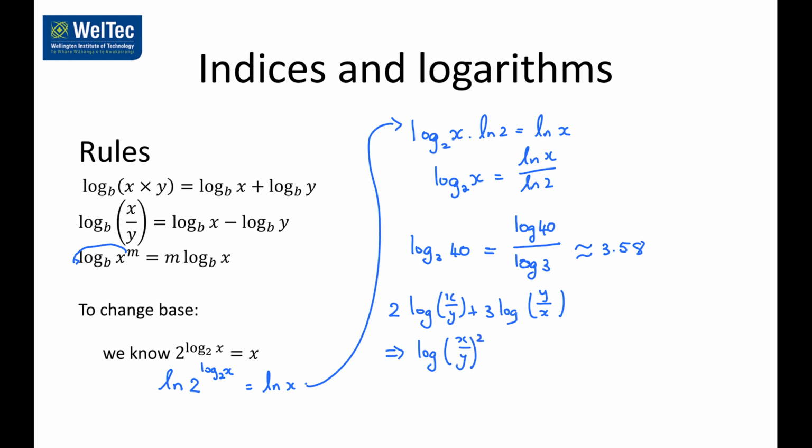Now we can do it all in one go. We've got addition, so that means we're going to be multiplying, and the 3 meant it was a power of 3. Now it's just a little bit of algebra, and we can work out that all we've got left is y over x, like that. So you need to be able to do those manipulations.